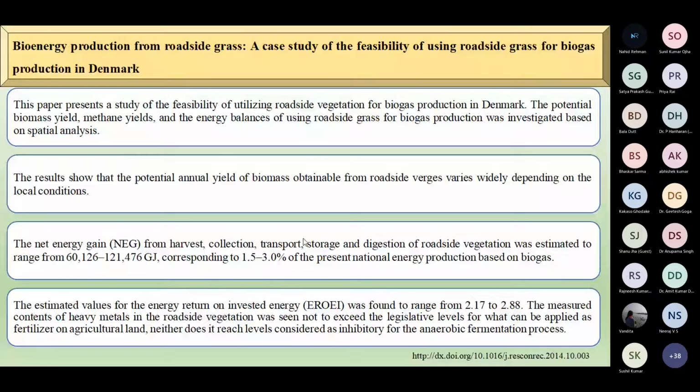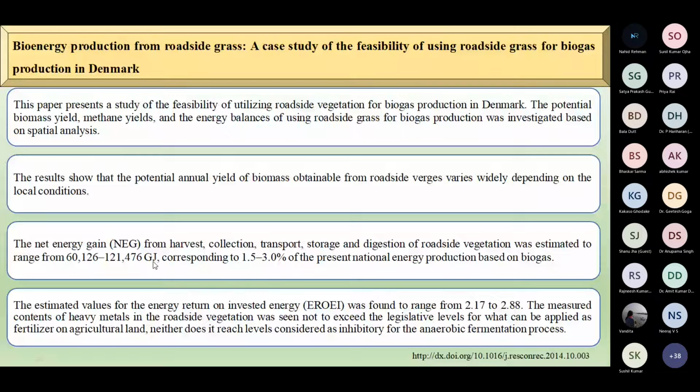This is another case study from Denmark, where they used roadside grass for bioenergy production. You'll be happy to know that the net energy gain from these harvests, including collection, transport, storage, and digestion, ranges from 60,126 to 121,476 gigajoule.